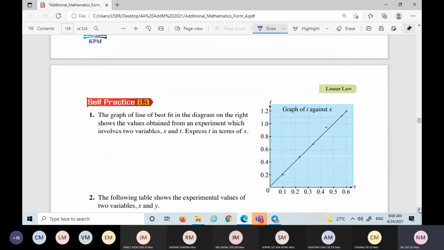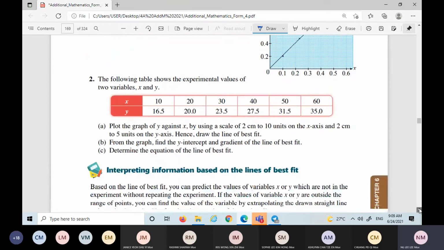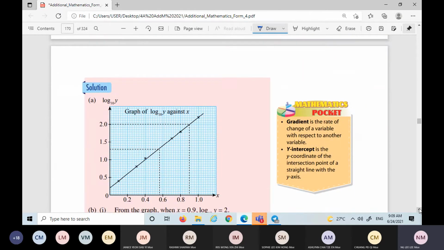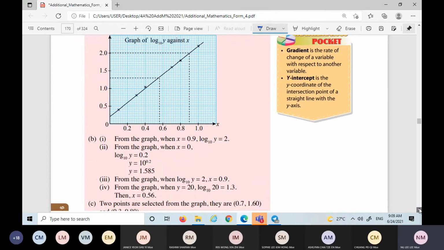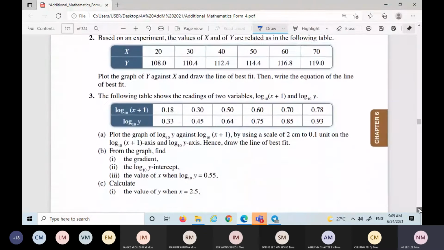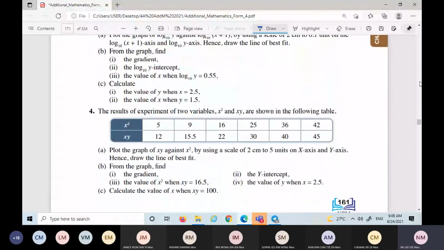This one same thing, miss 1 point, and that point is above the line. This one same, miss 1 point. So this is a line of best fit. This is what we are going to learn for this chapter.